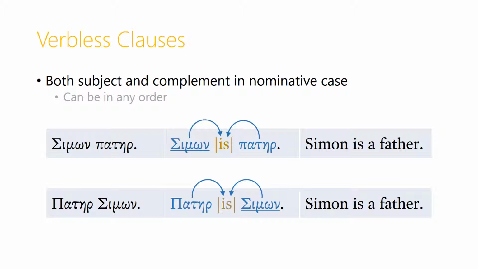And in both cases, since Simon is definite, it's a proper name, so it's implicitly definite, even if we don't put a definite article on it. We assume that Simon is probably the subject. So Simon is a pater, a father. And that doesn't change just because we change the word order. Simon is still the definite noun, and so we still take Simon to be the subject. Simon is pater, a father.